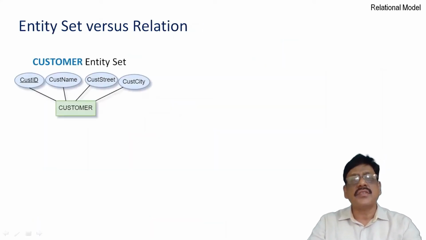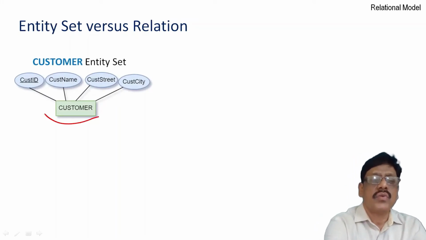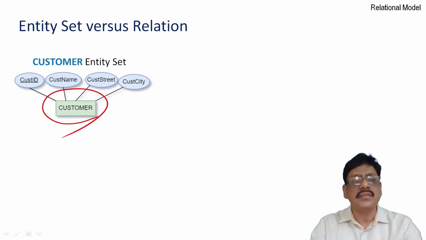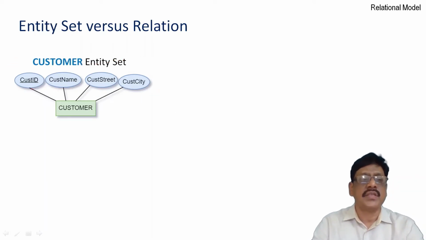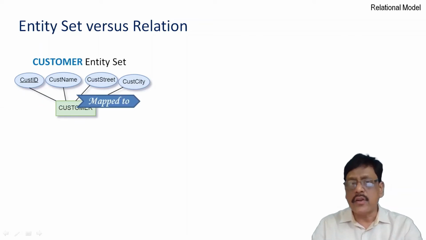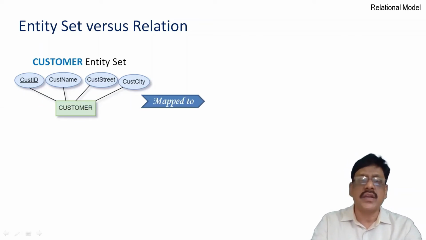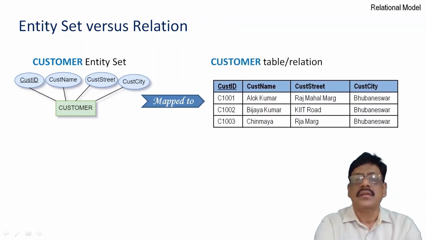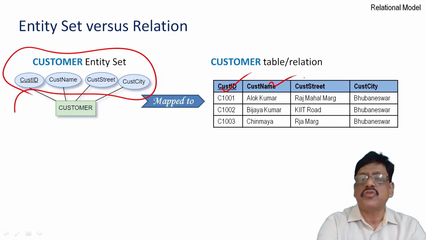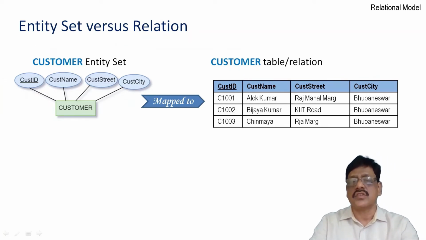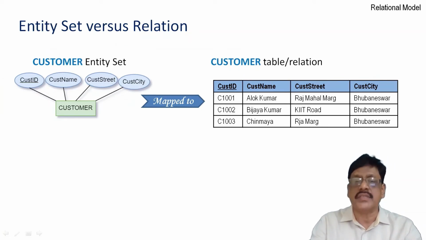So, entity set versus relation. Look here. Let us take one example of an entity set, customer, consisting of 4 attributes named customer ID, cost name, cost street, and cost city. If you would like to map to tables, the rule says that you create a relation whose name should match the name of that entity set, that is customer, and include all the attributes as the attributes of that relation, that is cost ID, cost name, cost street, and cost city.